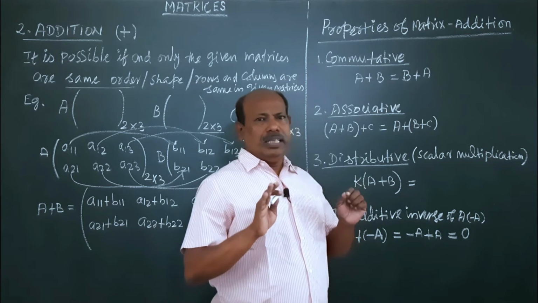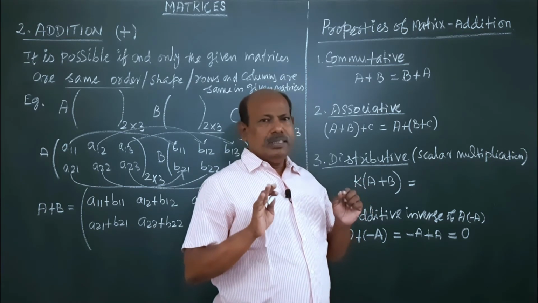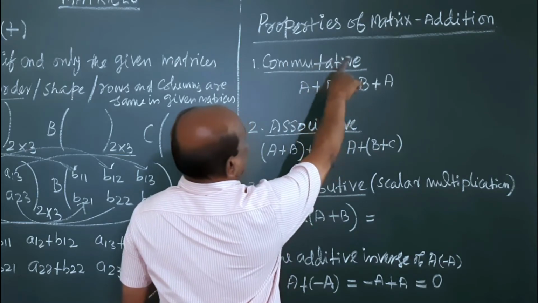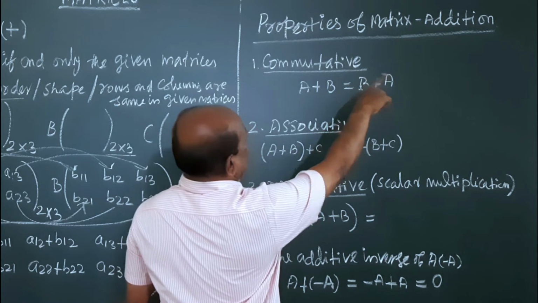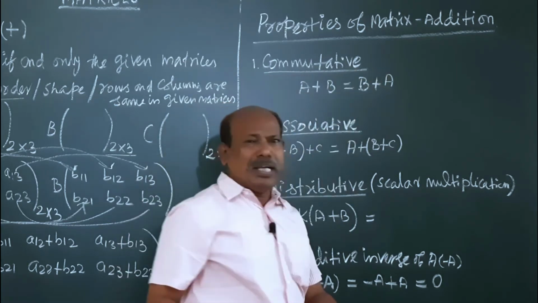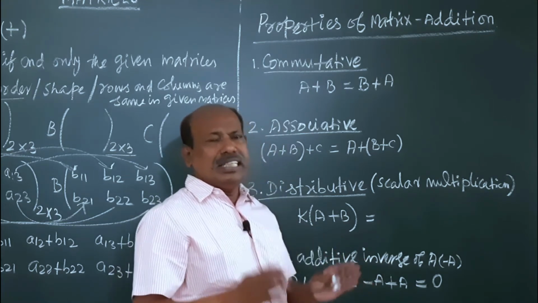Next, we have to see the properties of matrix addition. What are the properties behind it? The first property of matrix addition is commutative. What do you mean by commutative? Commutative means they commute with each other.